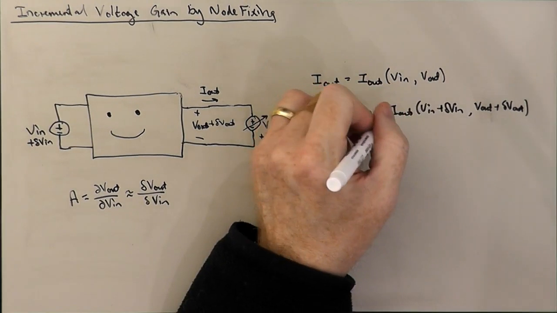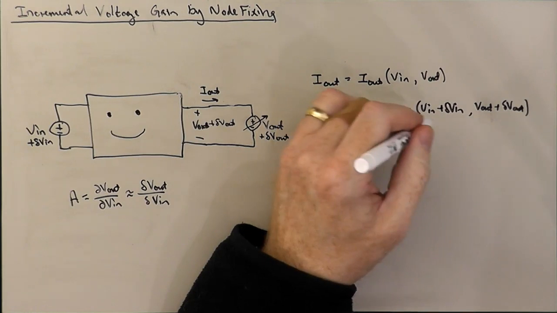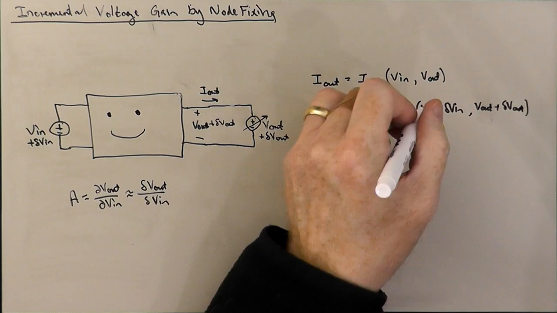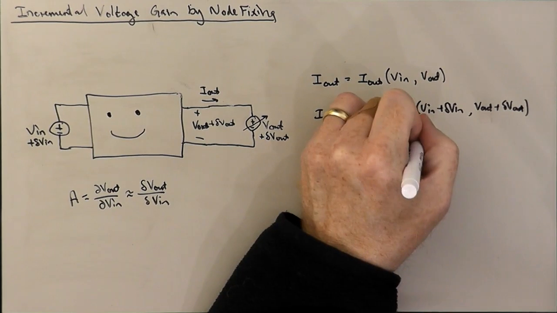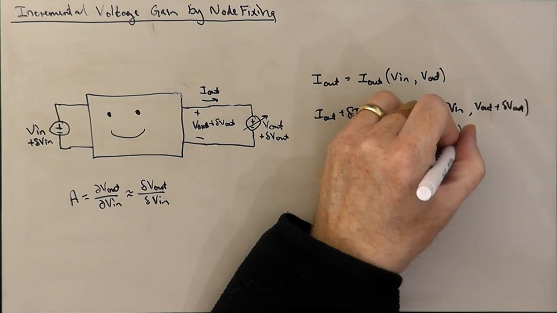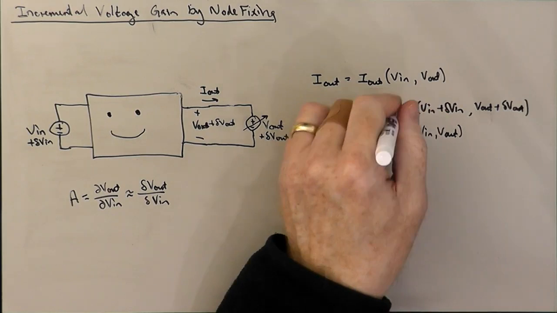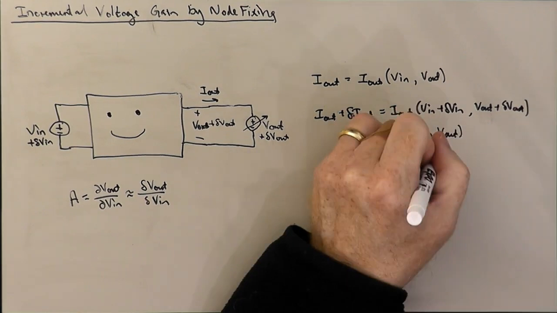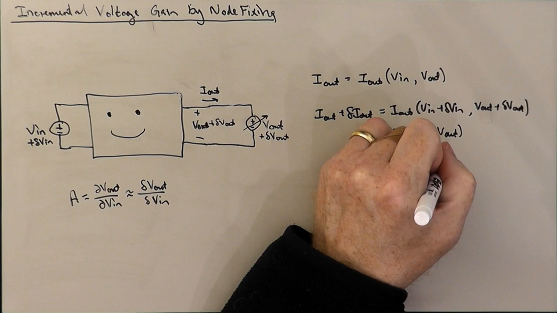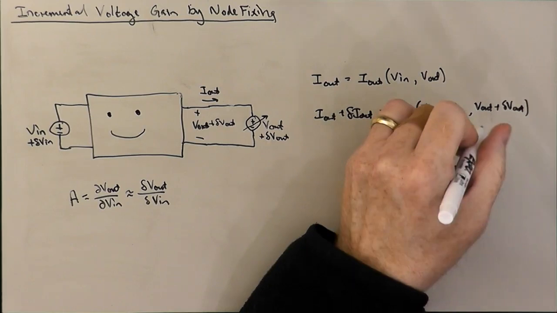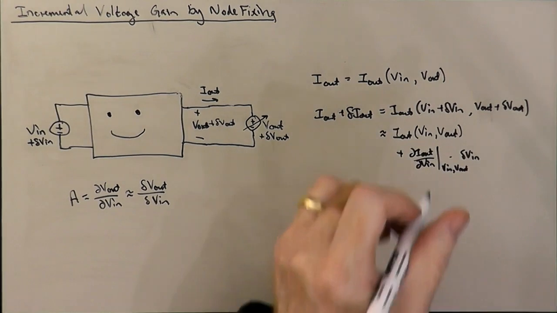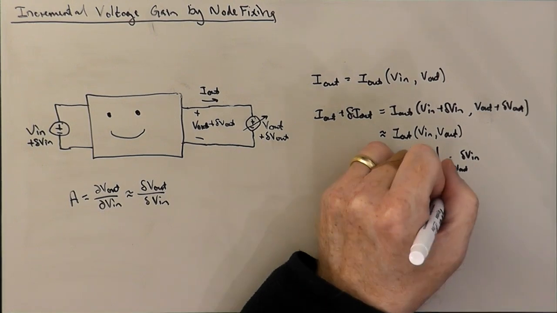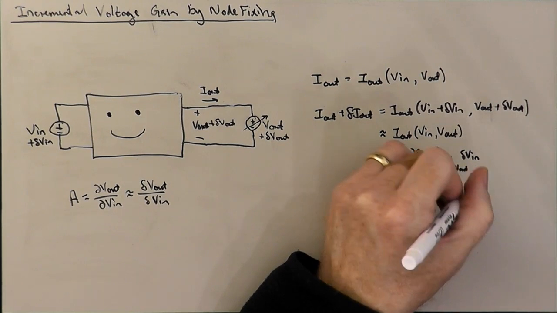And we can do a Taylor series expansion effectively of this function I out of the two variables, and that's going to be approximately the original I out evaluated at V in, V out, plus a first order partial, dI out dV in, evaluated at V in, V out, times delta V in, plus dI out dV out, evaluated at V in, V out, times delta V out.